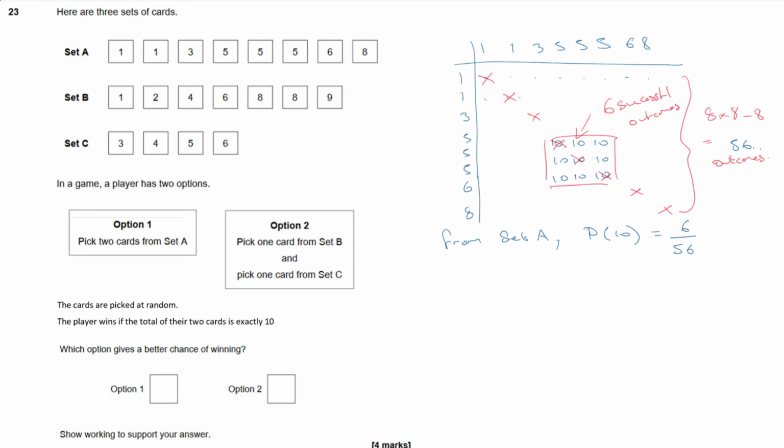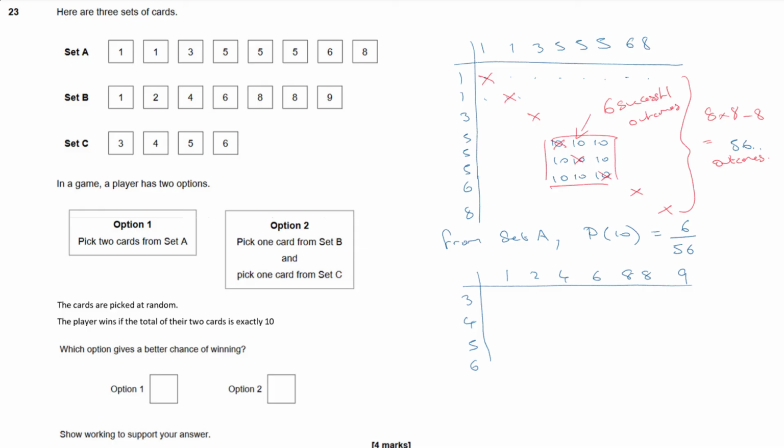Okay. Now, in set B and C, if I pick one from each of those, so if I do a similar kind of analysis, so got my numbers 1, 2, 4, 6, 8, 8, 9 in that direction, and 3, 4, 5, 6 in that direction, then which ones are going to give me 10?